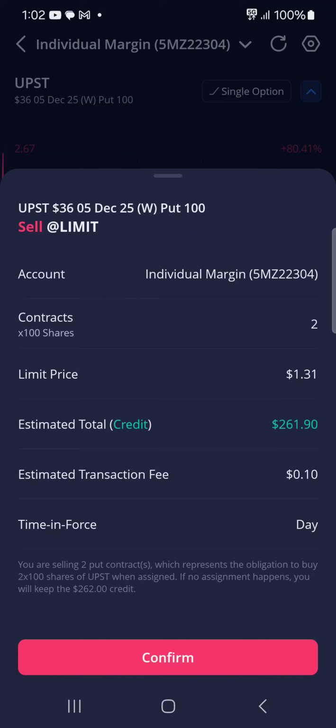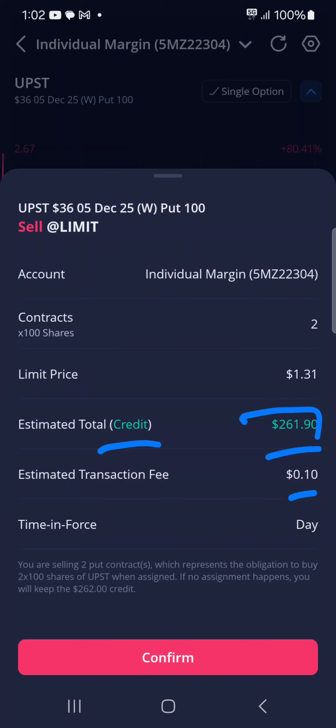Two things are going to happen. Immediately you're going to get this credit in your account right now, and this company charges 10% for transaction fees. If the stock price on December 5th stays above $36, you keep the amount, you get everything.